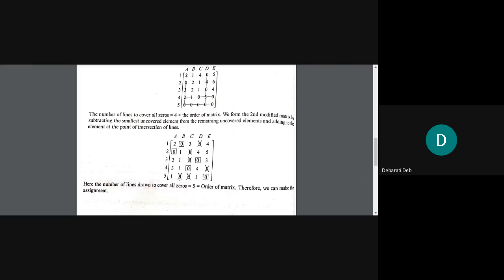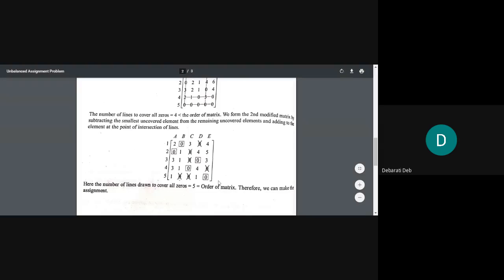Please unmute and tell me. I am unable to see the chats. Okay, so in the first column, the second element in the second row is the perfect single 0. So you will mark it, circle it or put a square, and you will cross all the other zeros in that row.